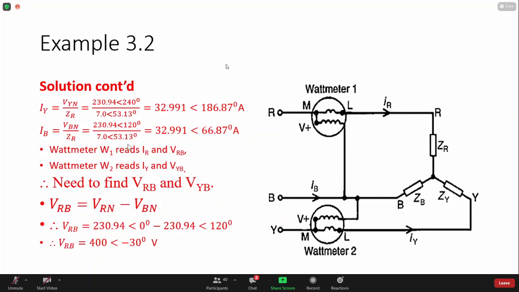All right. So meter one reads IR and VRB, and meter two reads IY and VYB.